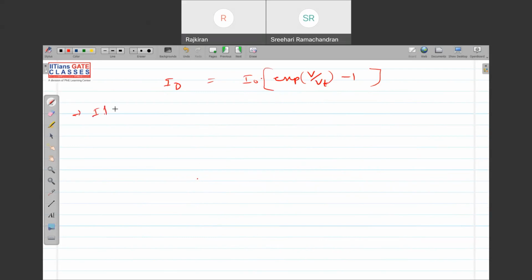If temperature T increases, will ID increase or decrease? You understand the question?